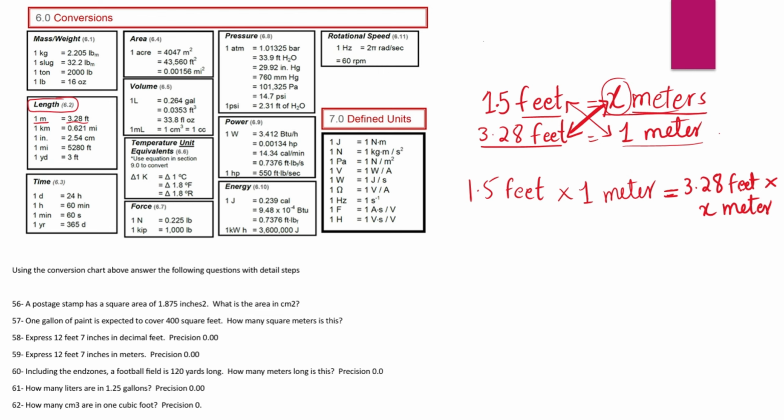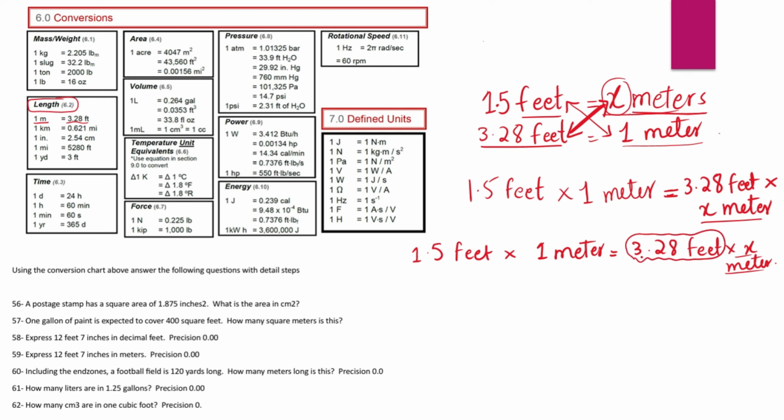Now we need to find this x meters. Let me write it again here: 1.5 feet multiplied by 1 meter equals 3.28 feet multiplied by x meters. So we need to find x meters, so we will remove this 3.28 feet from here.